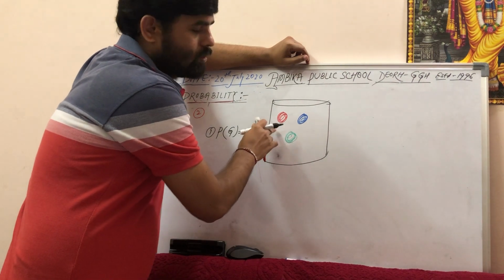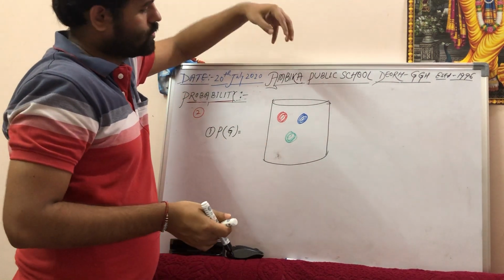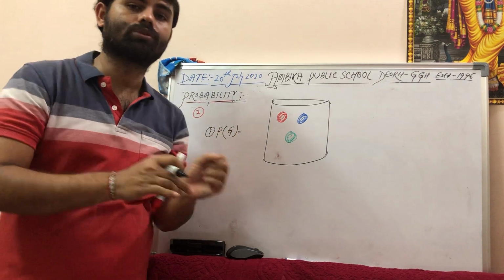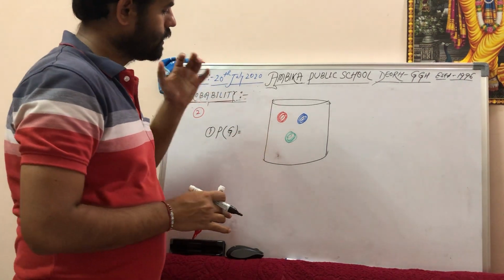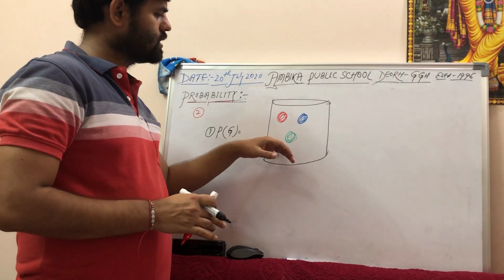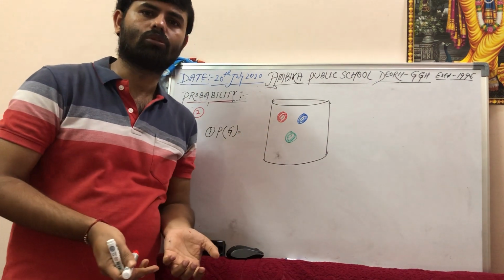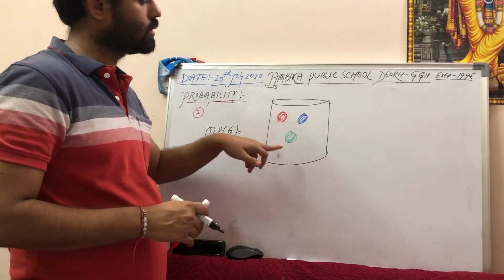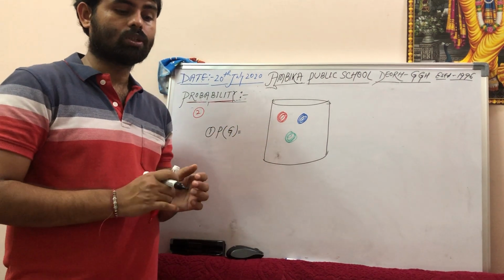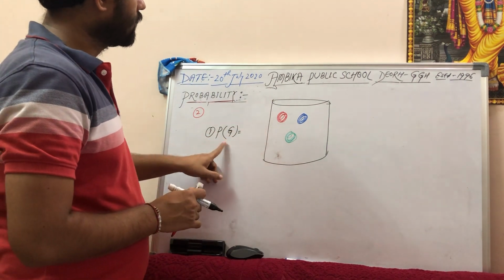And Kritika is a student who is going to take a ball, but she has closed her eyes. She is not looking at the ball. Because if I open my eyes, then I can easily say that I have taken the green ball. What is the probability? 1. So she has not seen the ball. She is closing her eyes. Then the question is, what is the probability of getting a green ball?